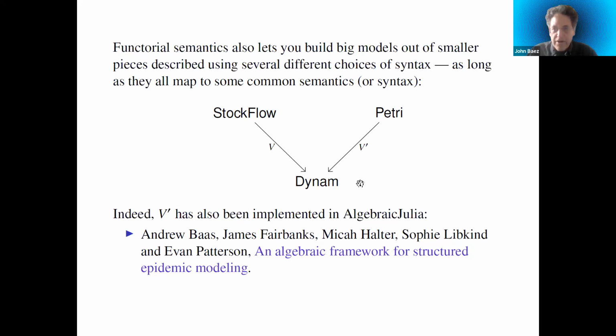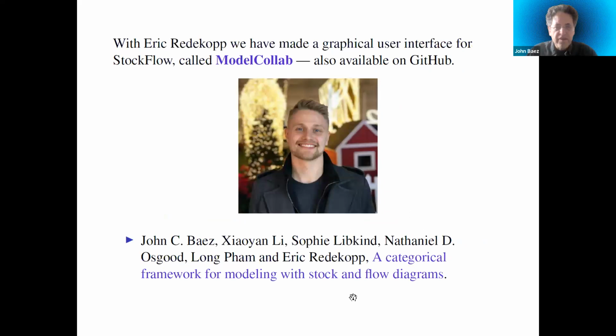So this provides a very disciplined way of building complicated models out of pieces of disparate sorts. Of course, people are always building complicated models in real life out of pieces of disparate sorts, but usually it's in a mathematically imprecise way that causes all sorts of problems when you try to glue them together. But here you have the potential for really having everything under control.